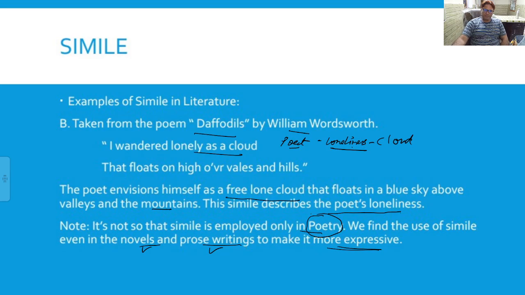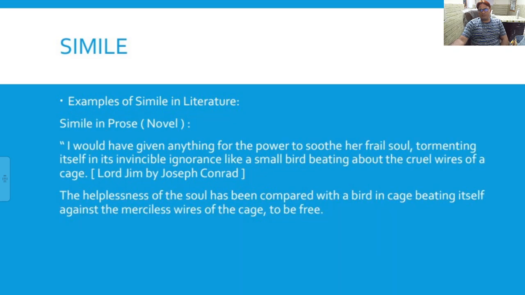And why do writers use it? To make their writing more expressive, more beautiful, more meaningful. Okay, so this is all about simile, and I'm sure that you must have understood it fully.